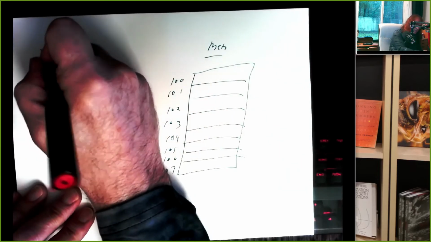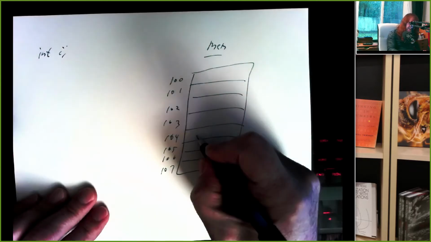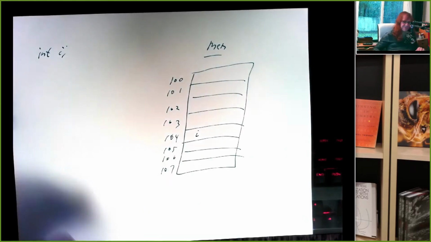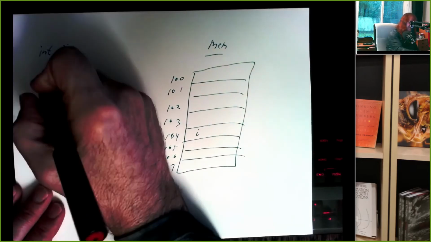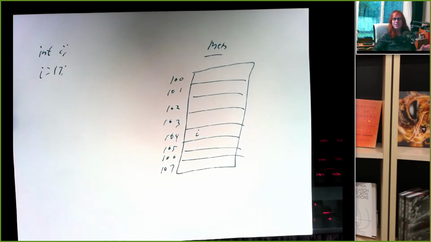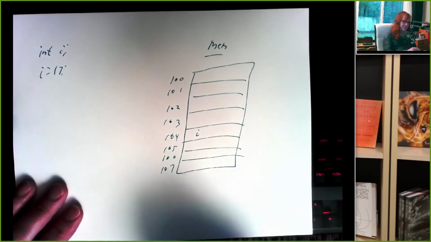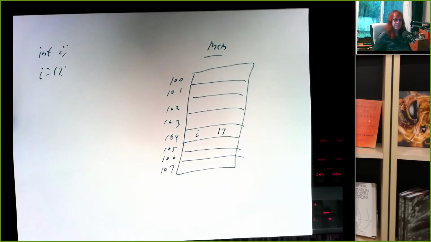And let's say I've said int i. Well, the computer might decide, okay, I'm going to store i down here at location 104. And so if I say i equals 17, the code written by the compiler, when it executes, would take the number 17 and store it at location 104.